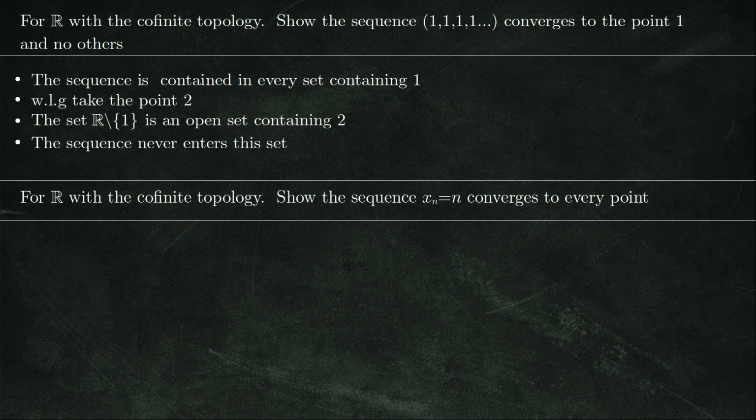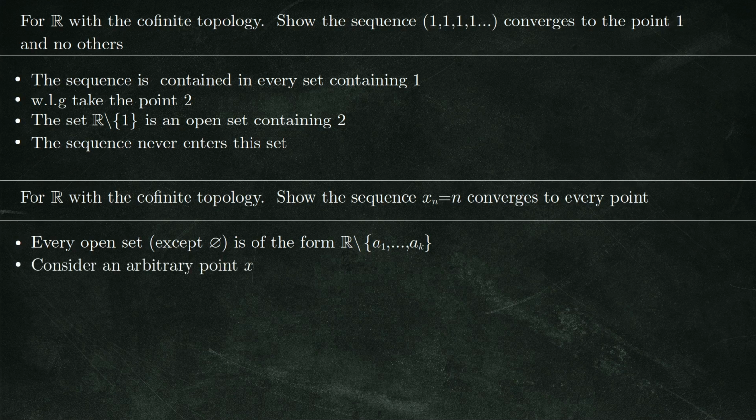Okay, now you've had a think. I'll start off with this kind of hint. Every open set in the cofinite topology is of the form R complement a finite number of points. Now let's consider an arbitrary point x. x is in R complement {A1, ..., AK}.